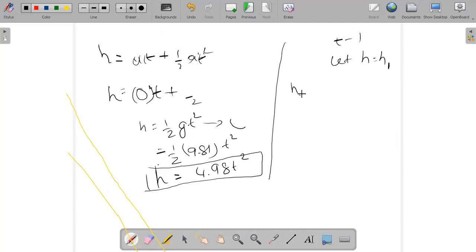The distance formula is h1 is equal to ut plus half a into t minus 1 whole square, as shown on the previous page.